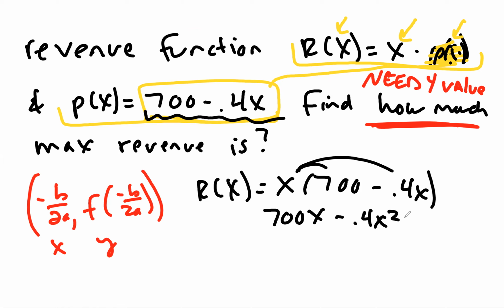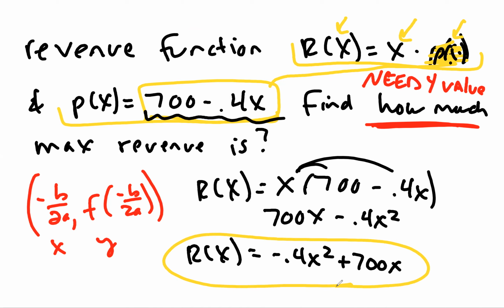But again, my advice to you is write this in degree descending order. So we're going to have R of x equals negative 0.4x squared plus 700x. So this guy down here is the formula that I'm going to use. Everything else that I have written right now, I don't really care about. So before I do anything else, are there any questions on how I got this guy right here?